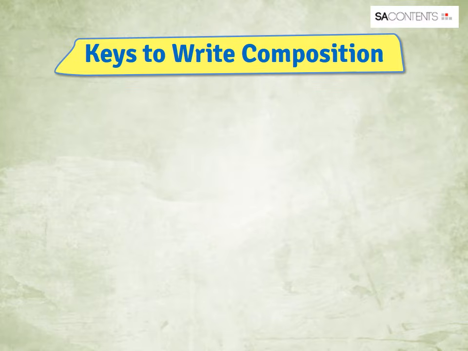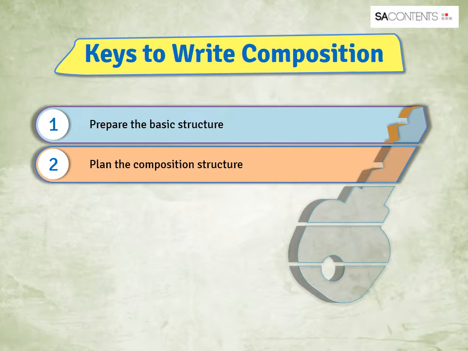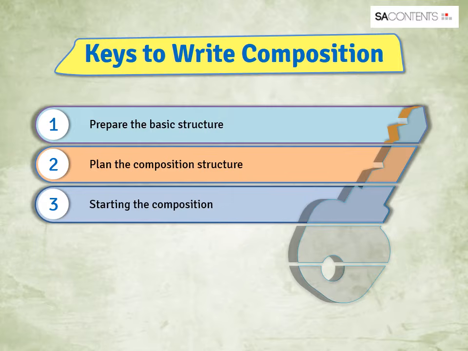Keys to write a composition. The first thing you have to do is prepare the basic structure of your composition after looking at the picture that you have to describe. Plan the composition structure. This is the most important element of composition writing. Starting the composition. Just by reading the first sentence of the composition, the reader understands whether he has to read the composition or not.